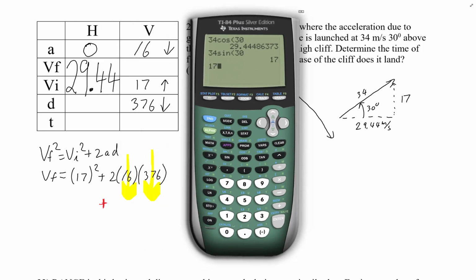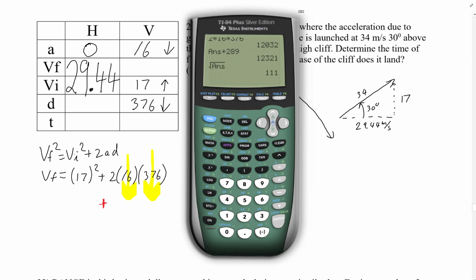So 17 squared is 289, and then we have to add 2 times 16 times 376. That's a big number. Add 289, and then square root it. Oh, I love that, palindromic. Square root that number, 111.